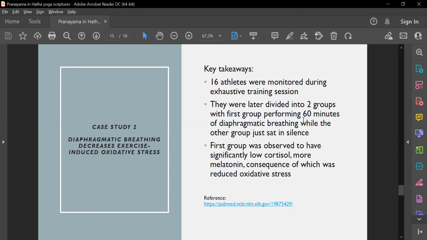The first group was observed to have significantly low cortisol and melatonin, the consequence of which is reduced oxidative stress. Diaphragmatic breathing is one of the primary requisites to control your respiration and then your mind. So again, we are coming back to controlling the breath, and through that, controlling the energy and the mind.